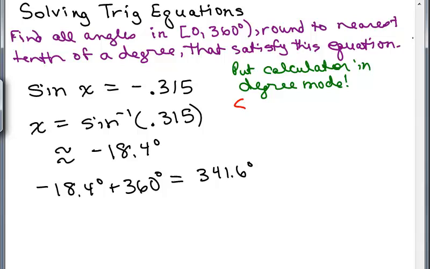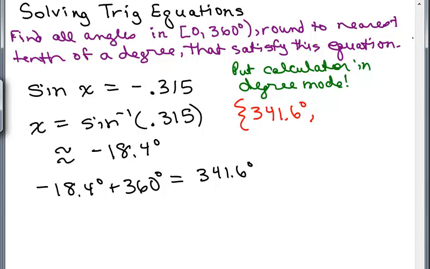All right, so let's say I'm going to write my answers here. I know that's going to be one of the solutions, 341.6 degrees. Now to make sure, simply compute the sine of 341.6 degrees in your calculator and make sure it comes out to about negative 0.315. I've rounded here, so it might not come out exactly. I'm going to do that real quickly.